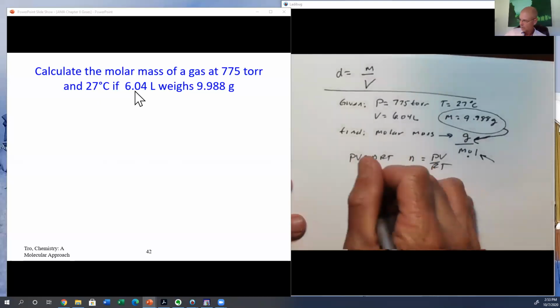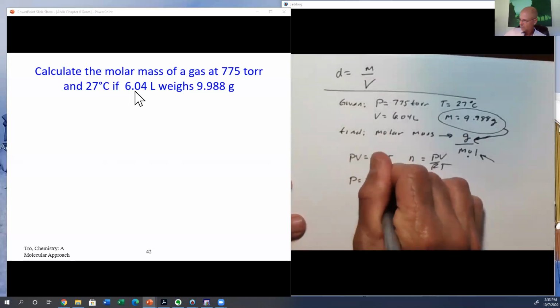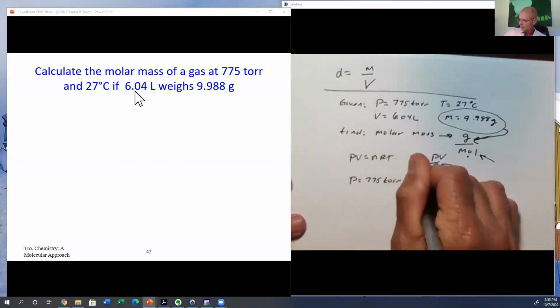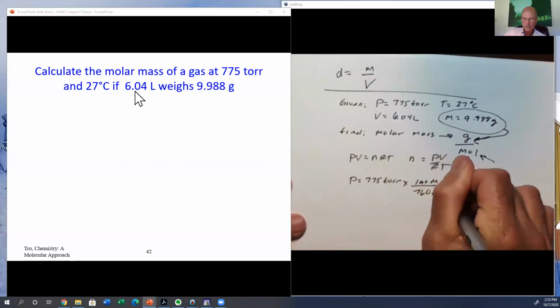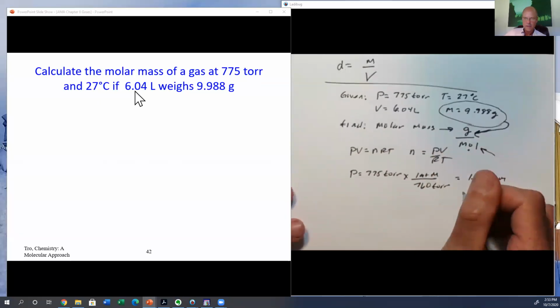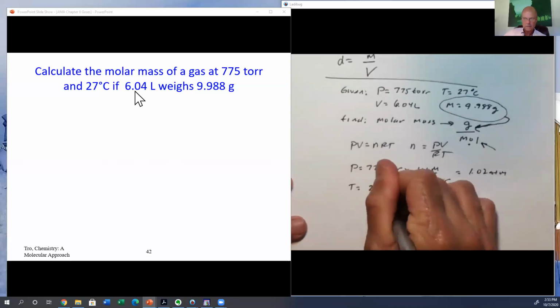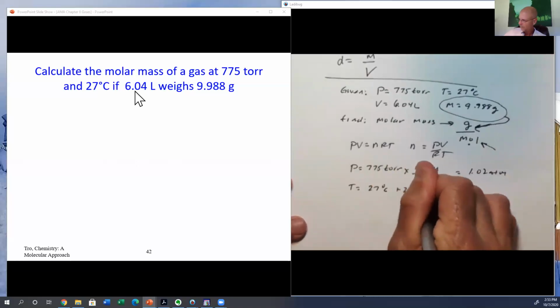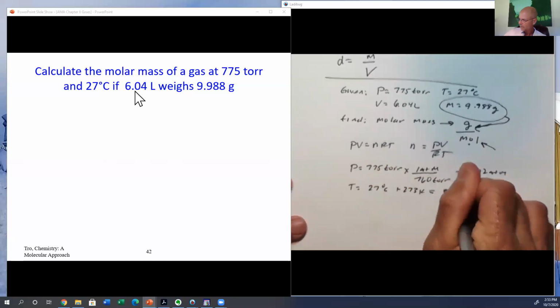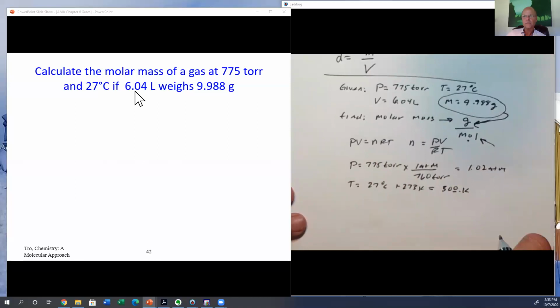P is equal to 775 torr times 1 atmosphere over 760 torr, which is 1.02 atmospheres. Temperature is 27 degrees Celsius plus 273, which is 300 Kelvin, with that being the least significant figure.